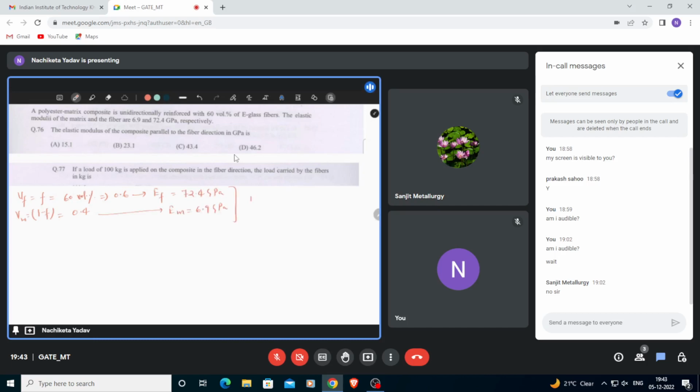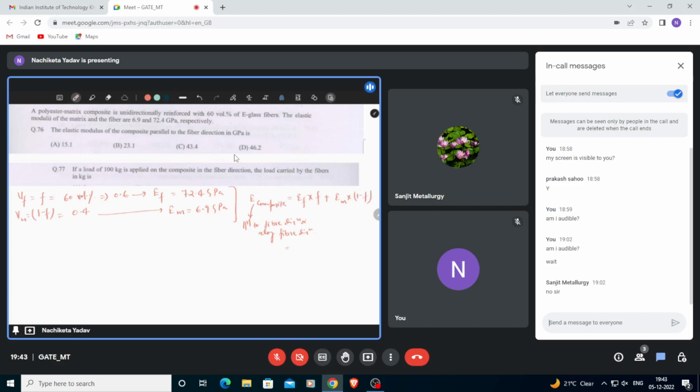So we know for E composite, when it is parallel to fiber direction, or along fiber direction, we can say EF into volume fraction of fiber plus EM, elastic modulus of matrix, into volume fraction of matrix, so 1 minus VF.